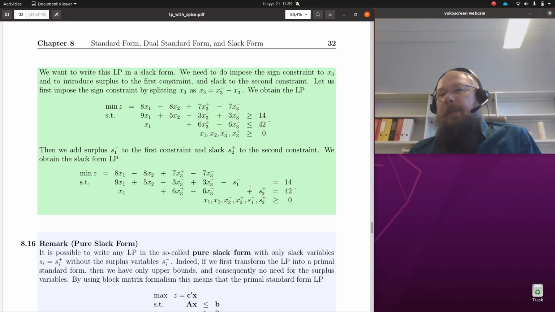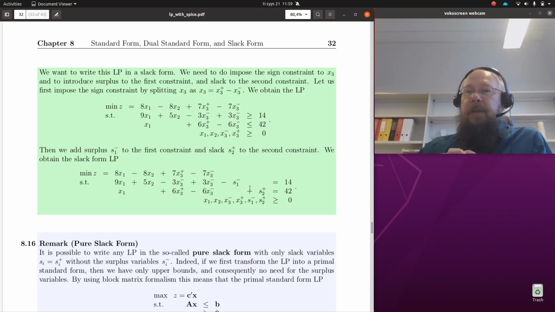Sometimes it would be nicer to just have plus signs. And is it possible? Well, indeed it is possible, and how to do it is relatively straightforward. We only need to have upper bound inequalities, not these at all. And how do we do that?